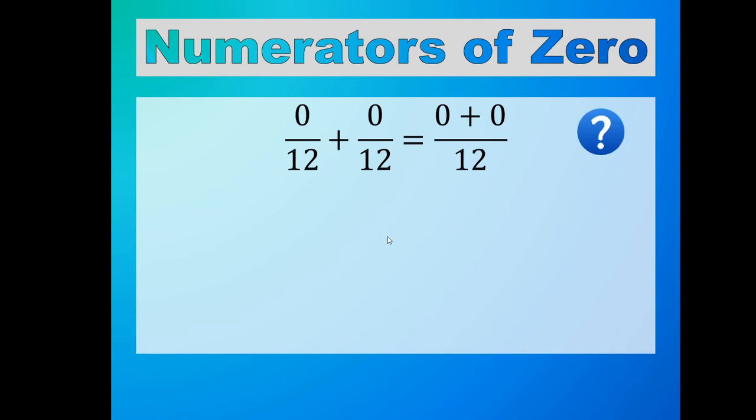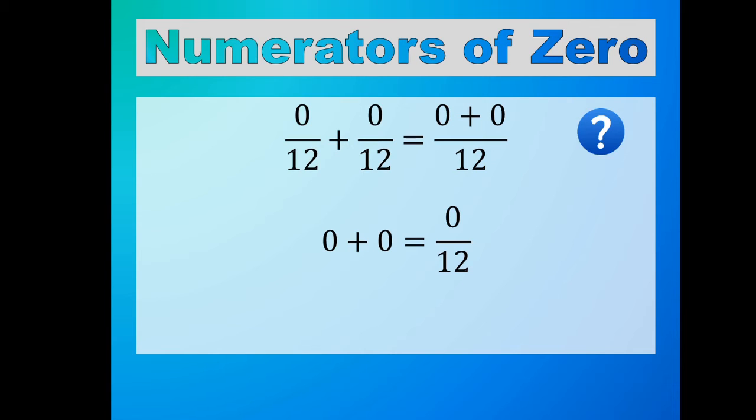You still add the numerators and keep the denominators the same. For this example, I would like to show why 0 12ths plus 0 12ths is equal to 0 plus 0 over 12. On the left side, I exchanged the 0 12ths for 0. How do I know that 0 12ths is equal to 0? Well, I know that 0 divided by 12 is equal to 0.